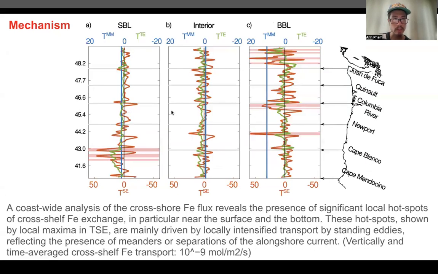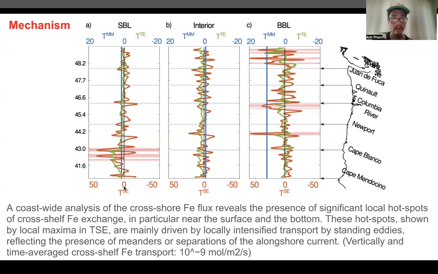And finally, if we look at the coast-wide analysis of the contribution from different components of the cross-shore iron transport in the surface boundary layer, interior layer, and bottom boundary layer as a function of latitude, with a map showing the location.